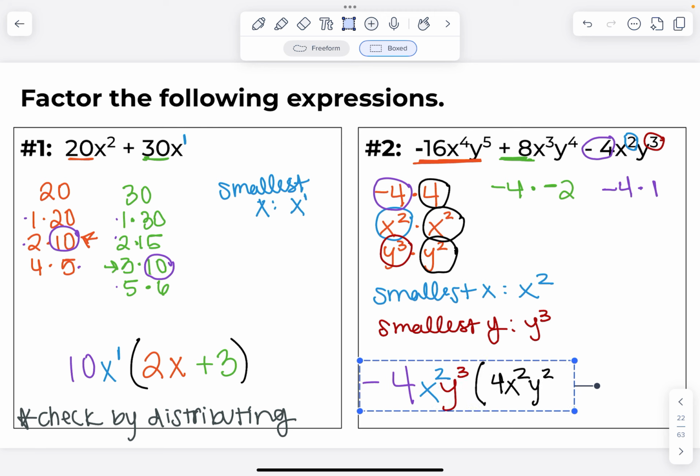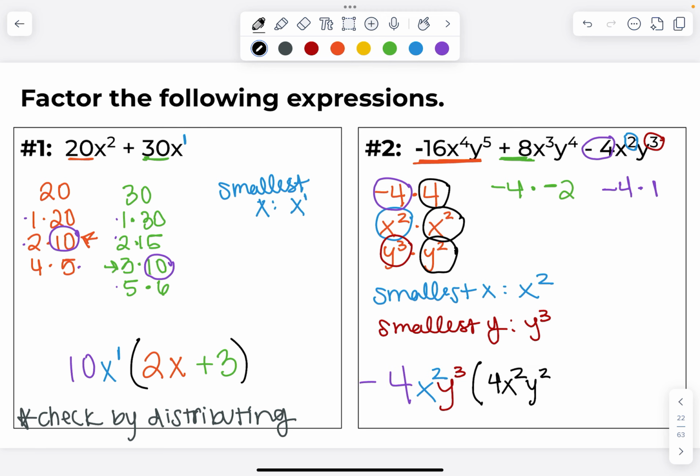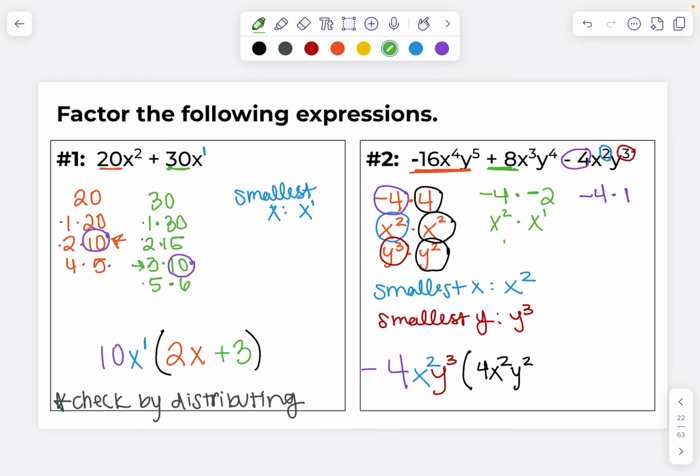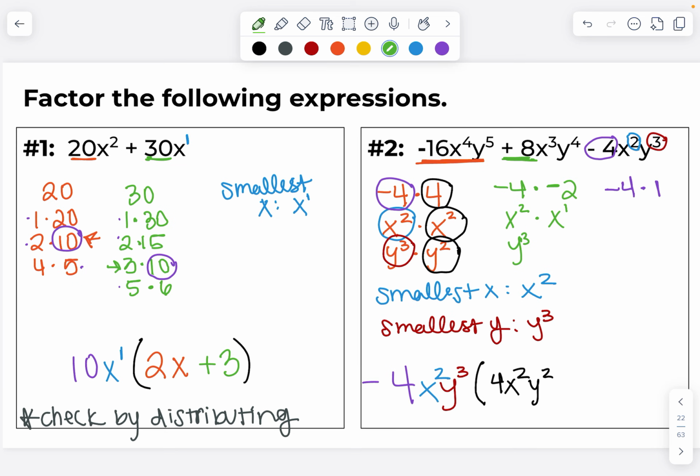And then I can go to my next term and think through that one fully. So if I think about x cubed, if I pull an x squared out, 3 minus 2 gives me x to the first. Y to the fourth, if I pull out a y cubed, 4 minus 3 gives me 1.